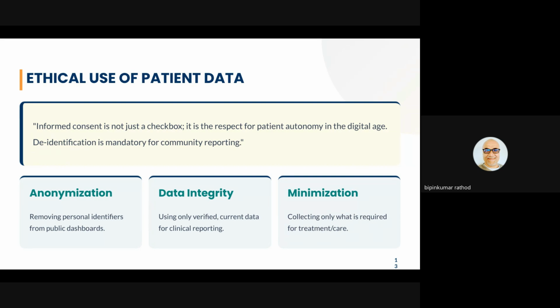But if it happened in the COVID time, then the doctor will ask, okay, you have a coughing. How many people in your family have coughing? How many of the people in your neighborhood have coughing? Okay, so this is minimization. Right now we don't need this information.